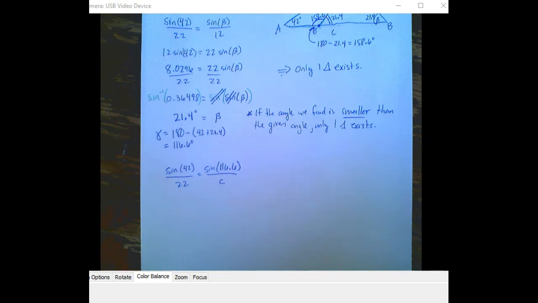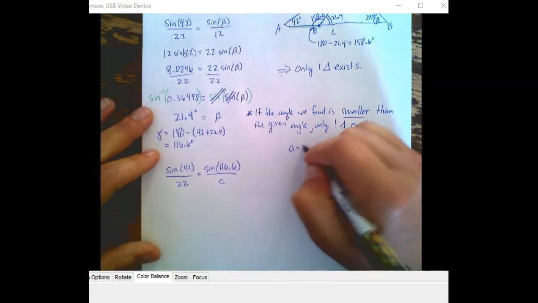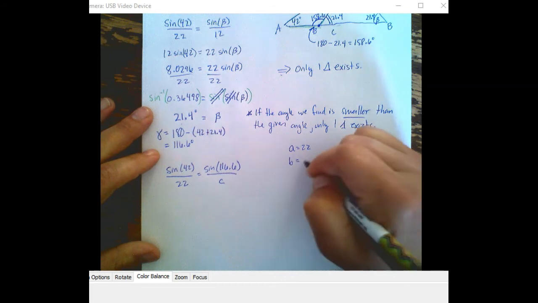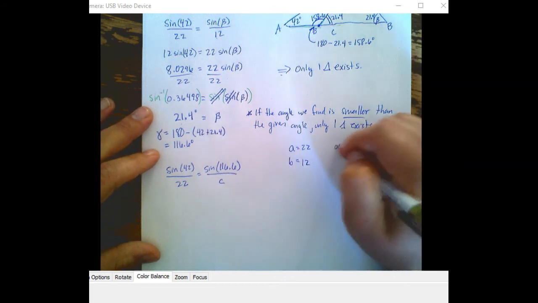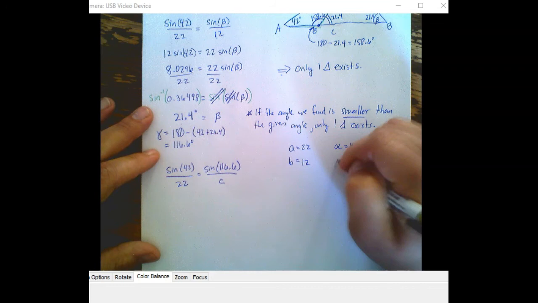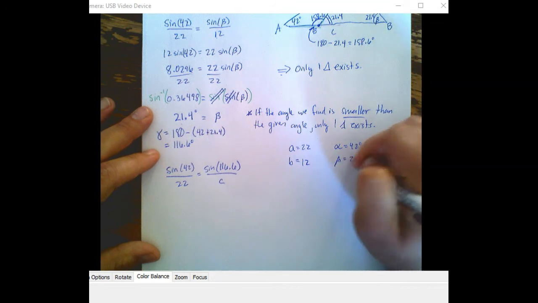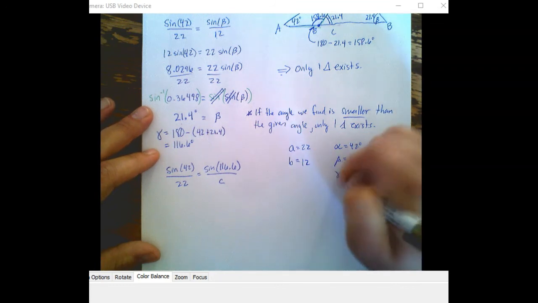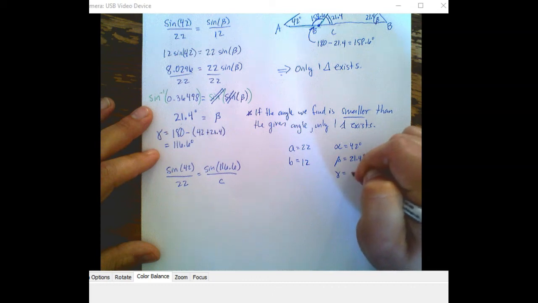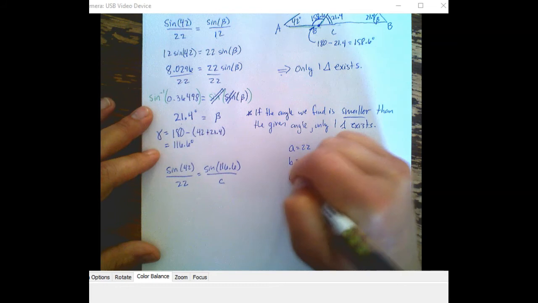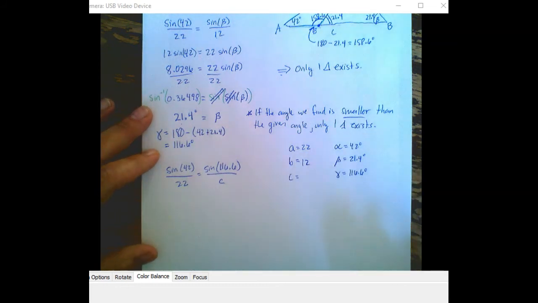Okay? So again, we know A, we know little b, we know alpha, we know beta, we know gamma. So all that's left is the other side, little c.